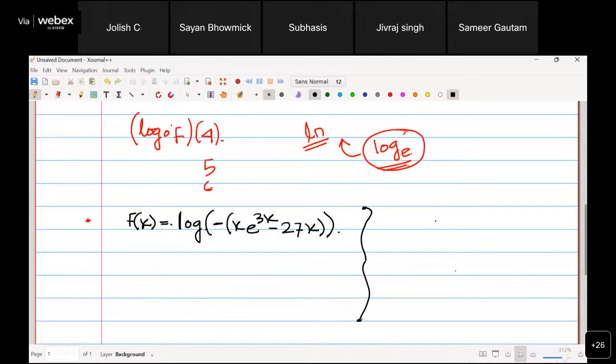Inside the log, the input cannot be negative. So the inside term, x e to the power 3x minus 27x, has to be less than 0, so that multiplied with the minus, it gives us the positive value. That was my approach. So basically this can be minus of minus 2, right? Then it makes sense. Yeah, absolutely.